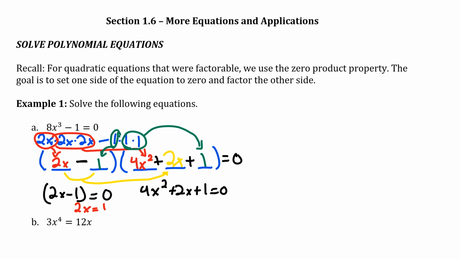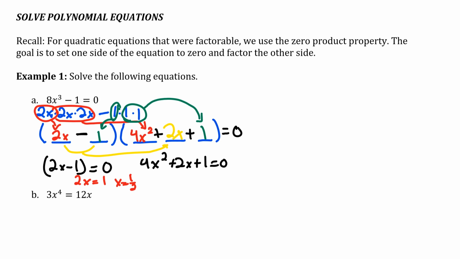So I get 2x is equal to 1, so x is equal to 1/2. Leave it as fractions because when we're working with these, we want them as exact as possible. Especially if you end up with a 1/3 or a 1/6 or something, those are repeating decimals and we don't want to use those.